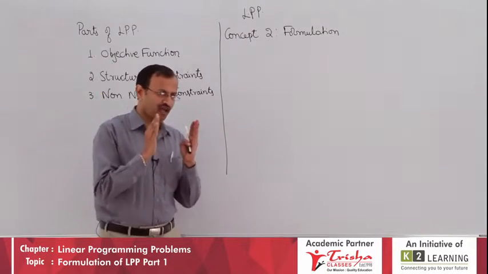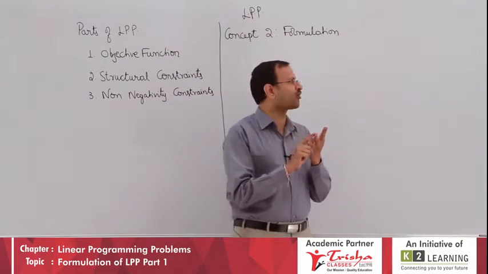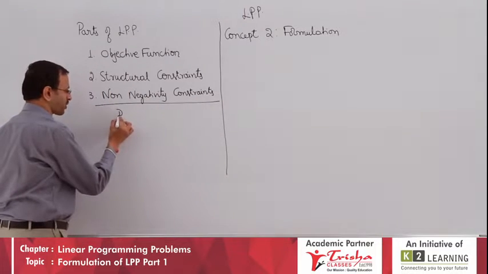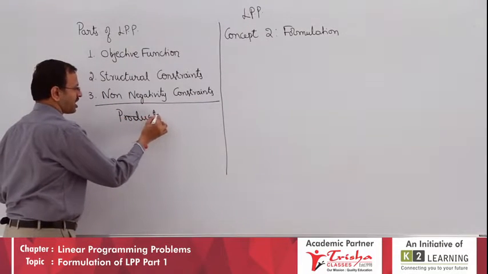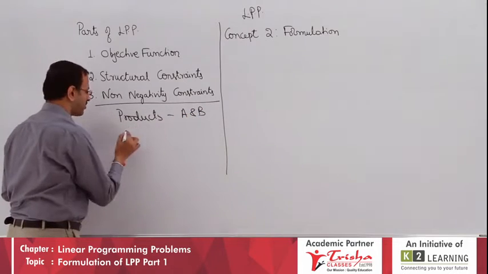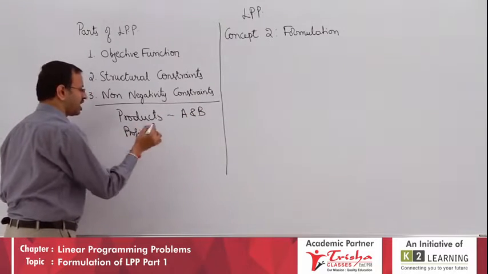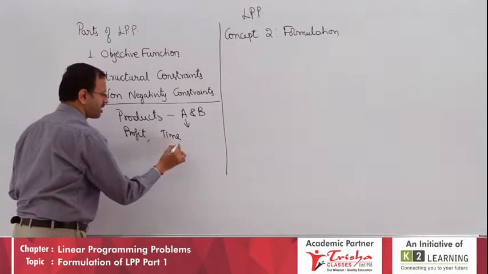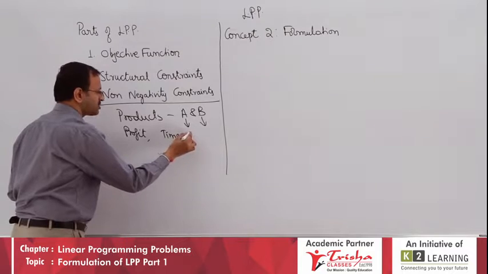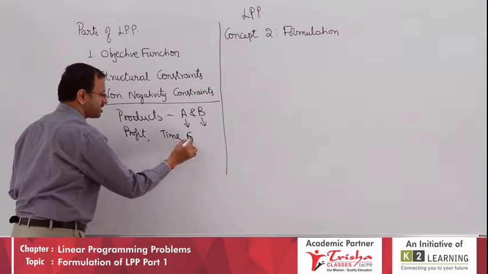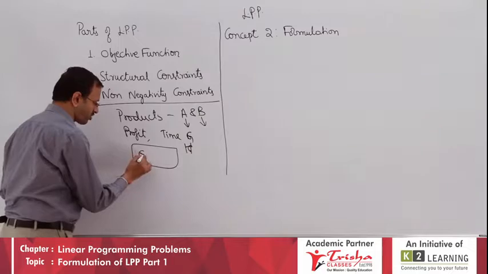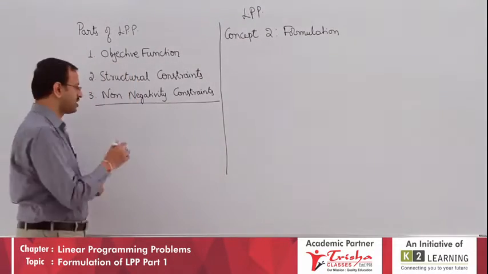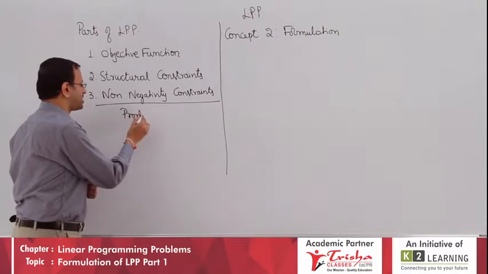What are the details? We have two products, we have the profit details. I will write here. The details given to us is there are two products. Products are A and B. They given you profit on each and the processing time required for A and B, how much machine G and how much H. That means to produce the product we need to have two machines G and H. So, let us write down all the details given.